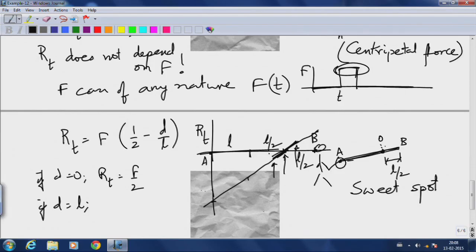If it is closer towards you, you would have to pull the racket towards you in order to hold on to it. But the point here is that it only goes linearly with variation around that D equals L over 2. So, small changes in D away from L over 2, that position A or that position C, will only cause small deviations in the tangential reaction force, only linearly scaling with F.